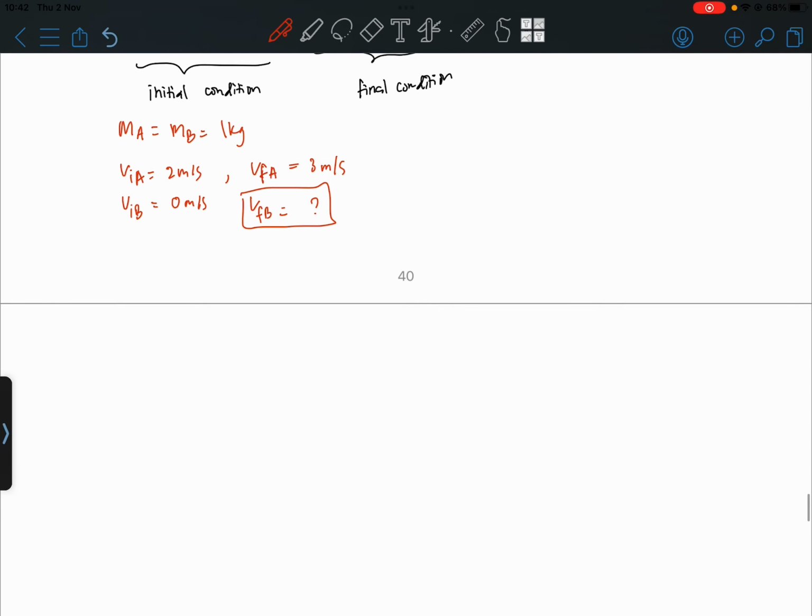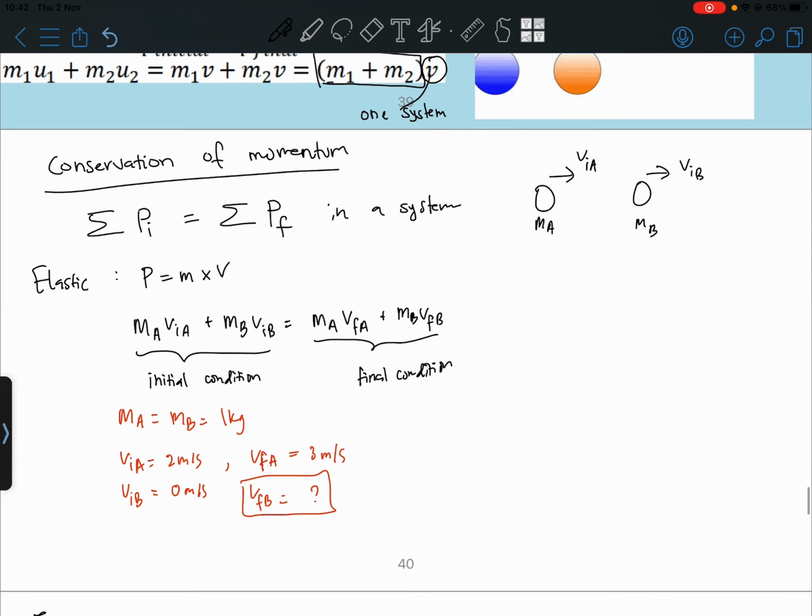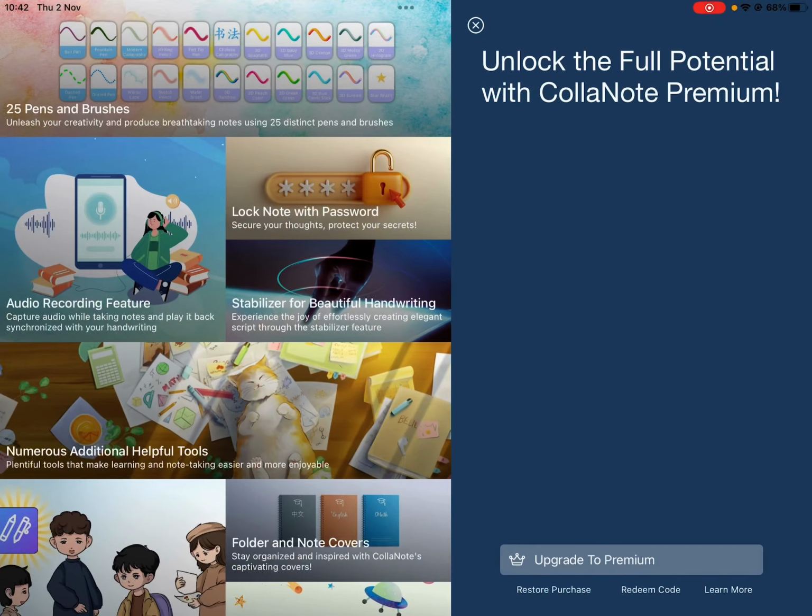What is an inelastic collision? Just now for elastic, if particle A hits particle B, they will move in different directions. They will not stick with each other.